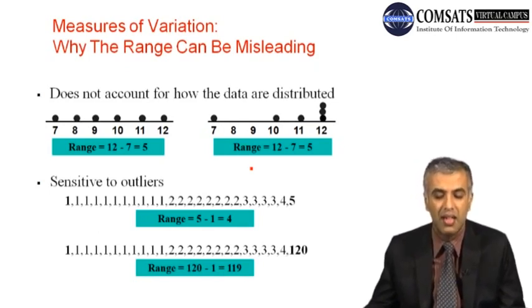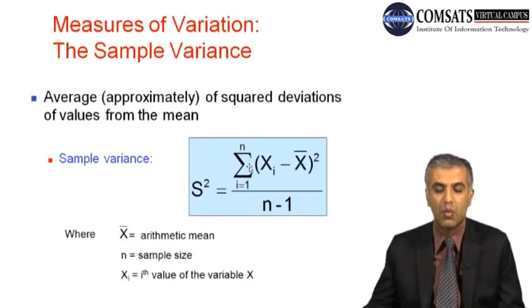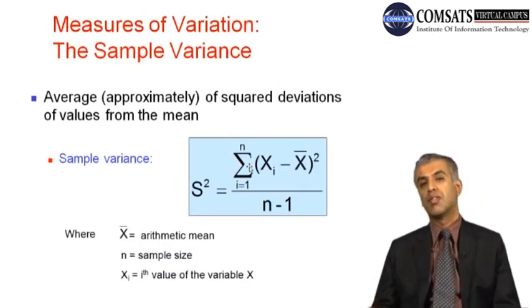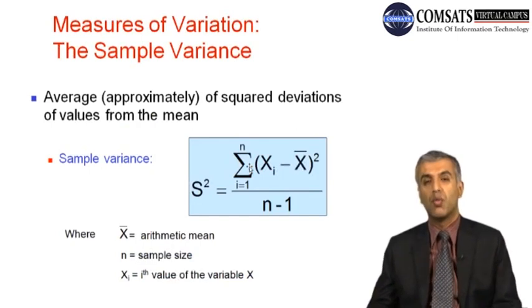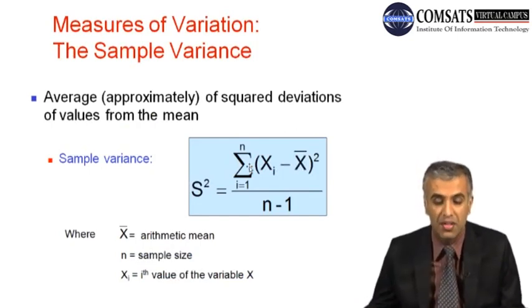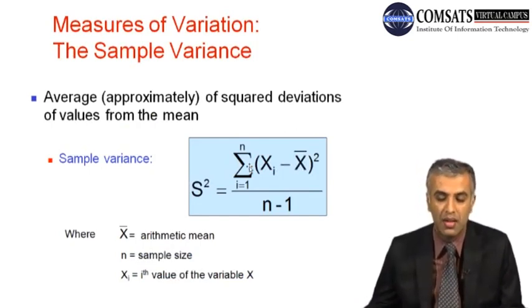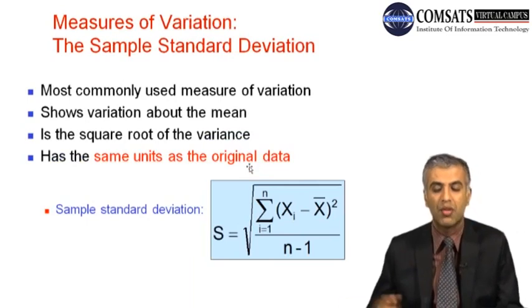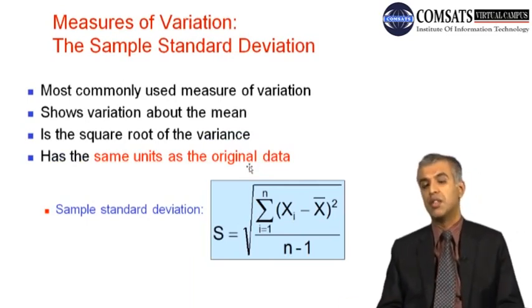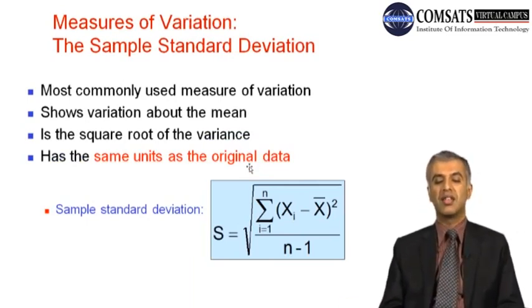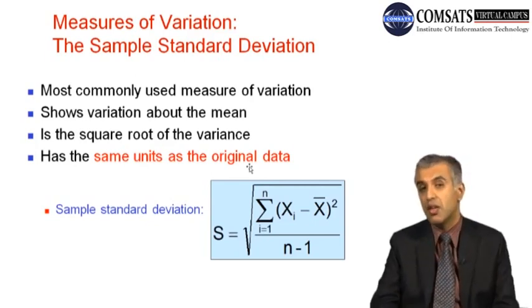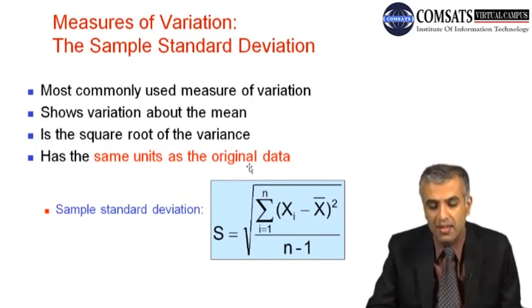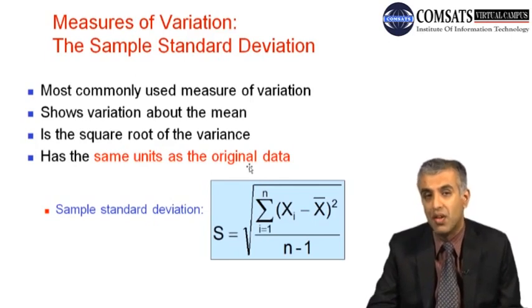Then we had a detailed discussion about what the variance is and what the specific formula for variance is, what that formula represents, and how it can be calculated. The sample variance then leads to another most important measure of variation, which is termed standard deviation. Again, it's the square root of the variance, and it has the same units as the original data.